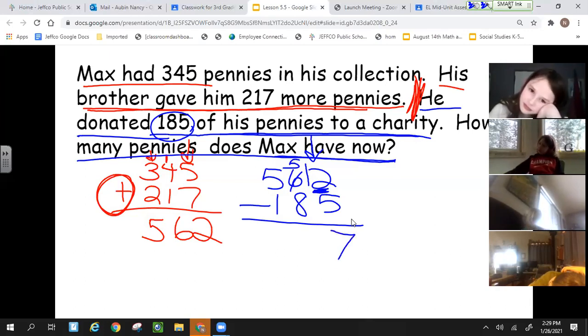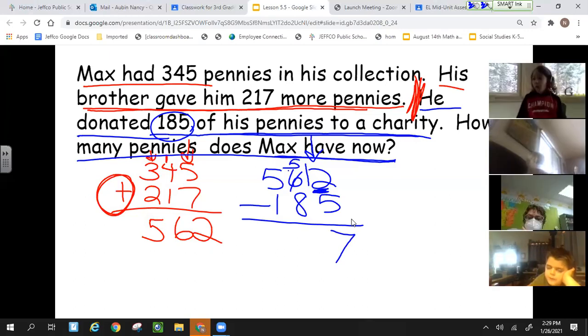7. Can I do 5 minus 8? No. So what do I need to do? Cross out the 5. Okay, what am I left with? 1. If I take 1 away from 5, Robert, what do I have left? 4. 4?